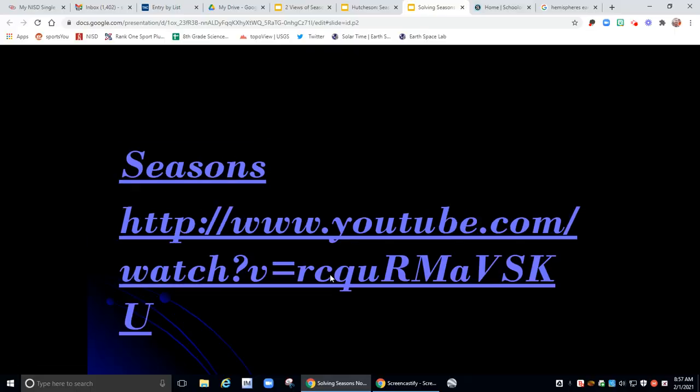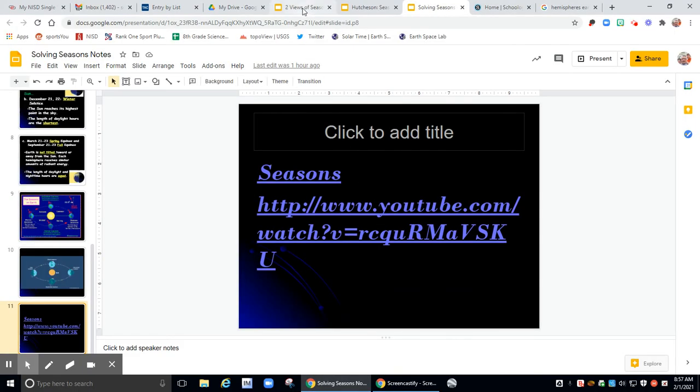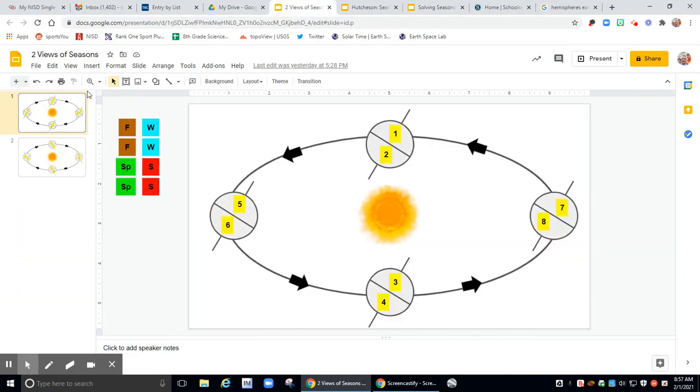Okay. So one more thing I do want to go over with you, again, harking back to those different diagrams. You'll see this activity a little bit later on, where you'll have to identify winter, spring, summer, and fall for these locations.